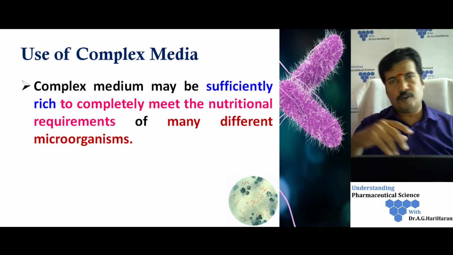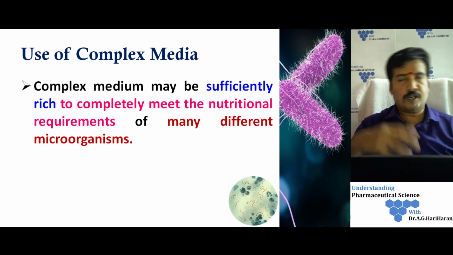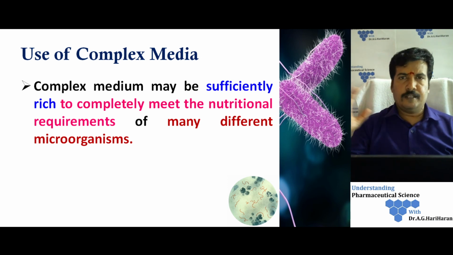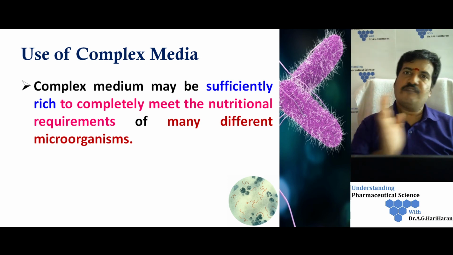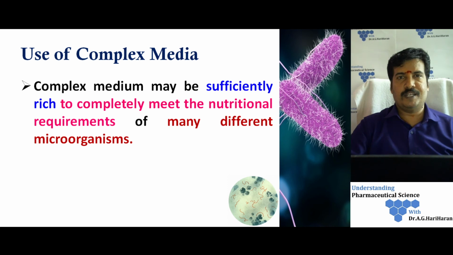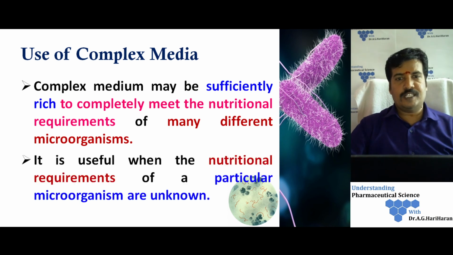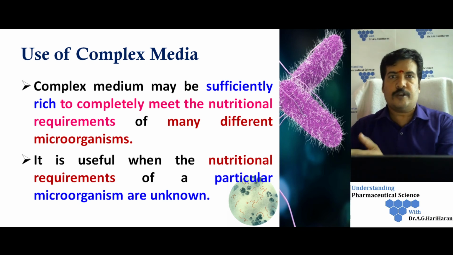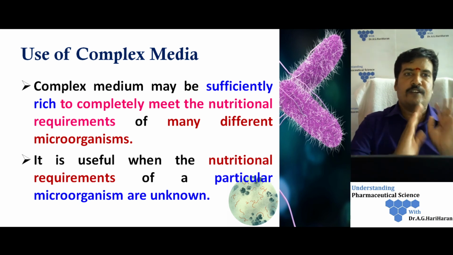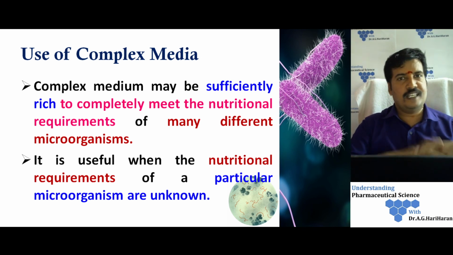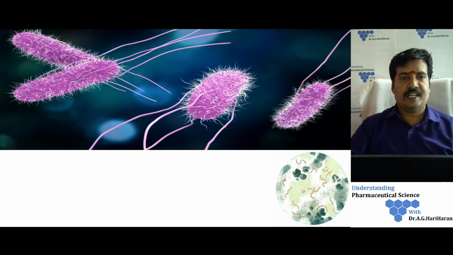So if we put E. coli, it will grow. If we put pseudomonas, it will also grow. Like that, all the microorganisms can sufficiently grow in this complex media. So we can use this once we don't know the exact nutritional requirement of the bacteria. If we don't know, we can cultivate into this complex media, that is the nutrient broth or nutrient agar in the case of bacteria, right?